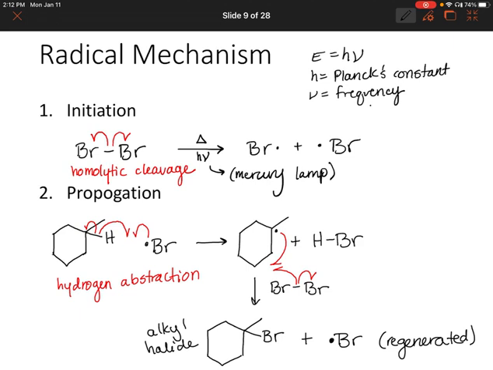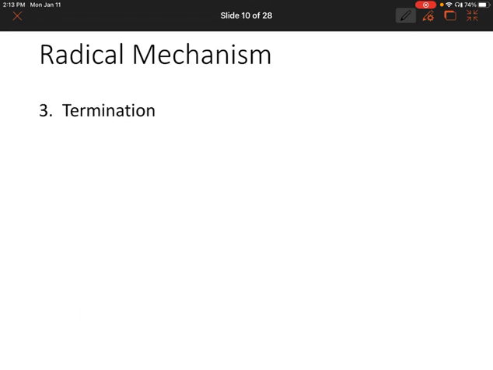Now, the last step in our radical mechanism is, again, termination. So in termination, what we're going to do is get rid of our radicals by coupling them.